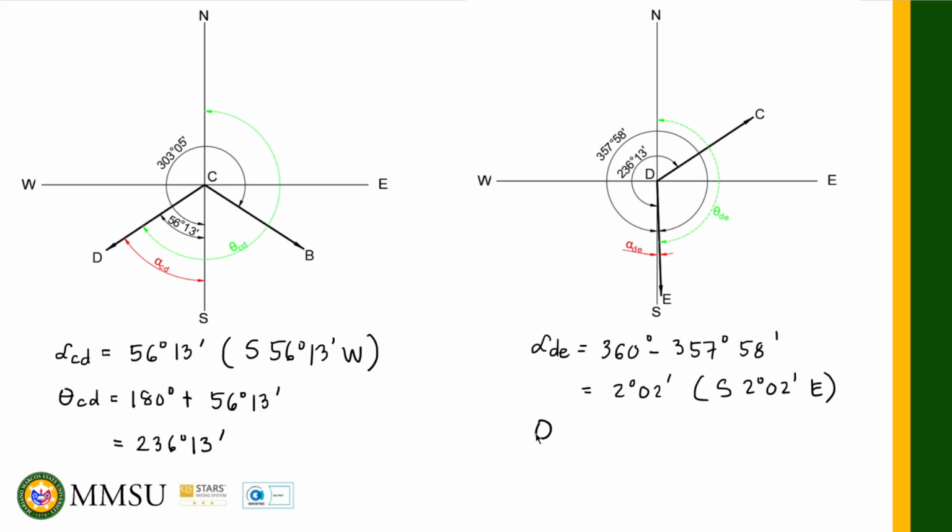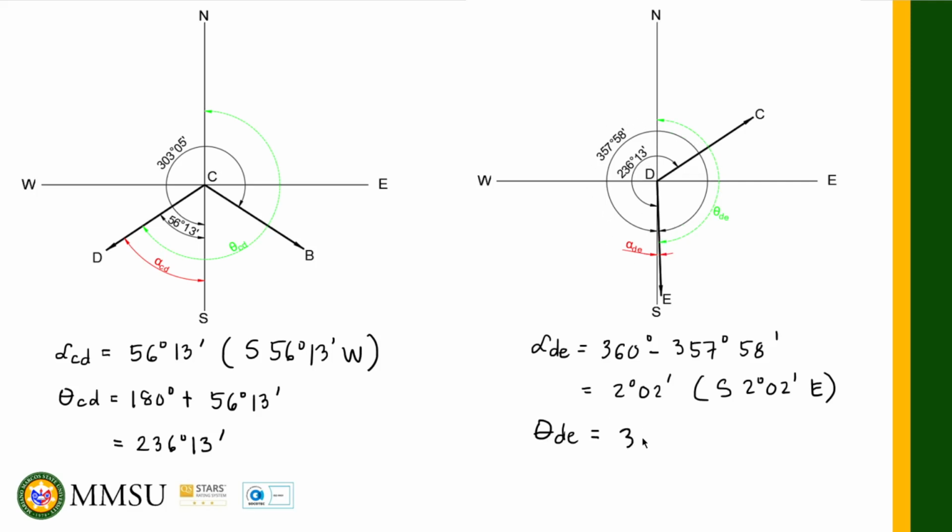And for the azimuth, theta DE, the given azimuth is 357 degrees 58 minutes. We're only concerned with this one, so we need to subtract the half circle, 180 degrees.